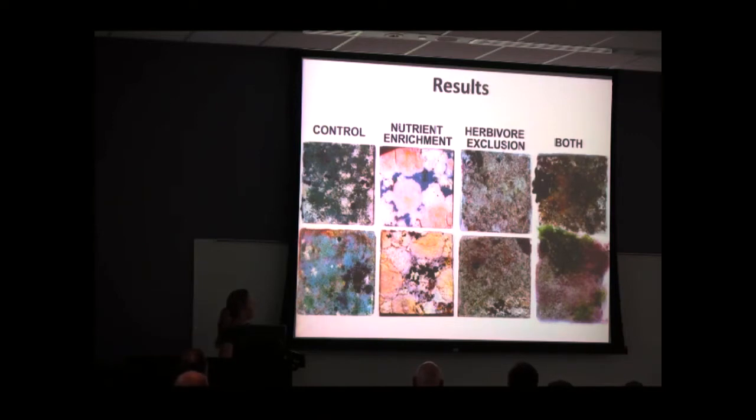And then when we removed herbivores, we got an abundance of both fleshy turf and macroalgae. So turf algae were dominant in both of these treatments, but when we added nutrients in addition to removing herbivores, we started seeing some of these large macroalgae showing up. So we're seeing essentially different communities developing in each of these treatments over time.